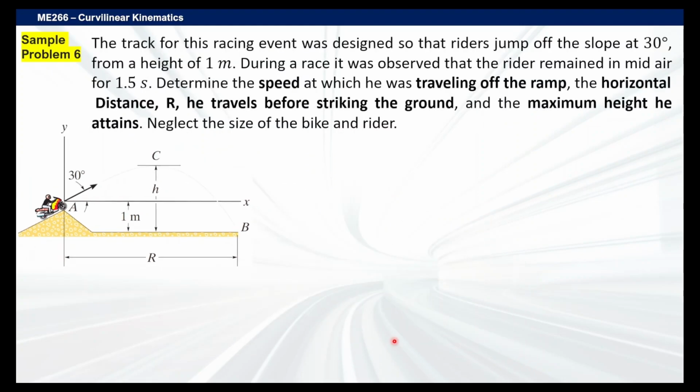So here we're gonna write down our given again. So we know na we're required with a speed at which he is traveling off the ramp. So we're required to find what's VA dito, and yung VA niya can be separated into two things, VAY and VAX.